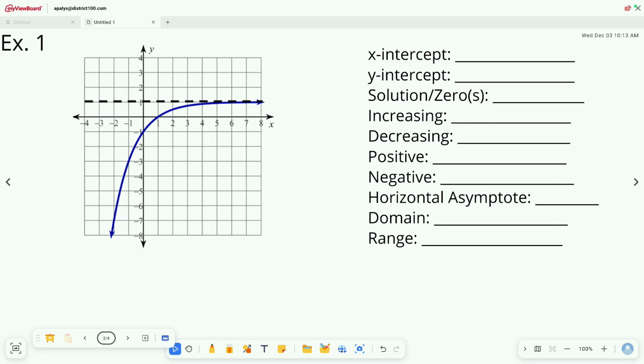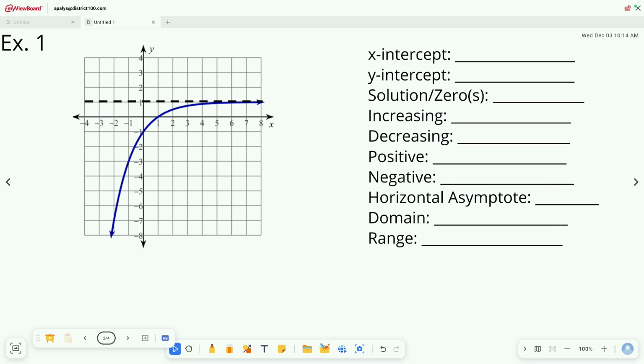Okay. Going back to quadratics. Benji, do you remember how we wrote axis of symmetry in the quadratics? It's x equals a number, right? Because that axis of symmetry was a vertical line.